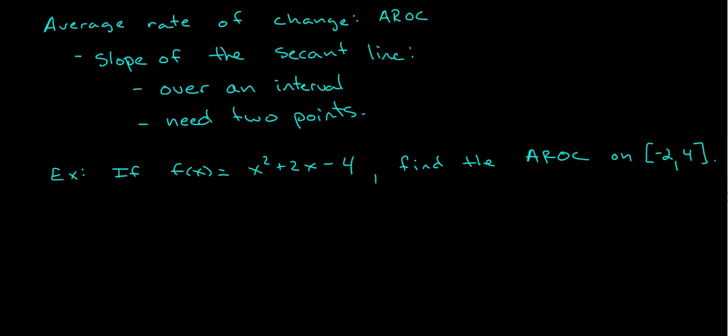Now we need 2 points. So the average rate of change is equal to f of 4, which would be your y value, minus f of -2, all over 4 minus -2. That's just slope, right?